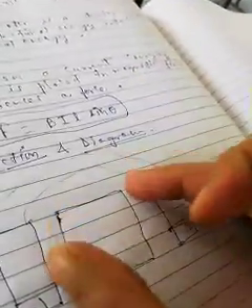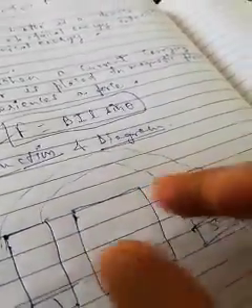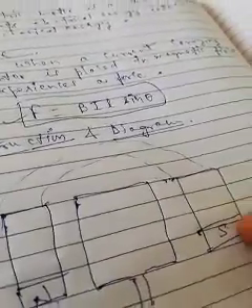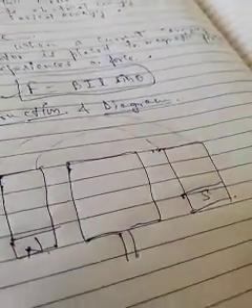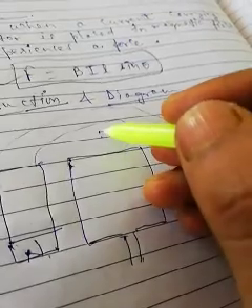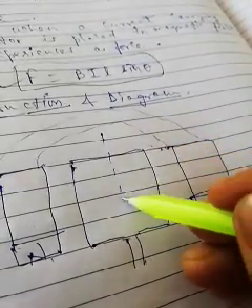This rectangular coil, in which a soft iron core could also be there, is made of insulated copper wires. It will rotate about an imaginary axis.